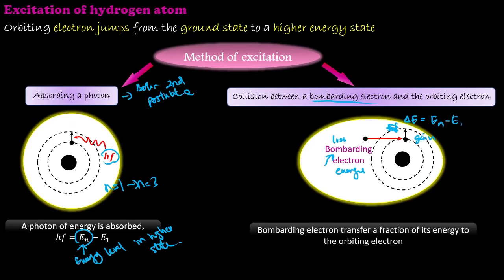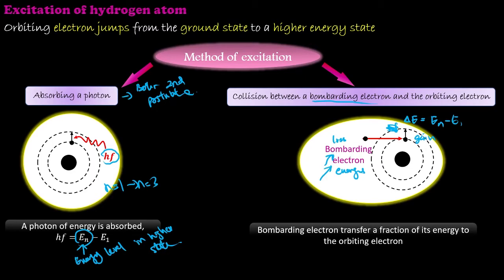So in other words, the method of excitation by bombarding electrons is actually the transferring of energy from the bombarding electron to the orbiting electron. The bombarding electron still has energy, but it just transfers part of its energy to the orbiting electron.